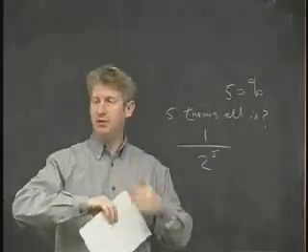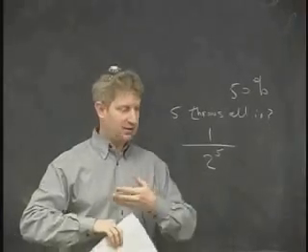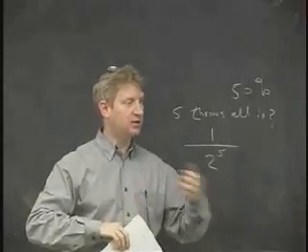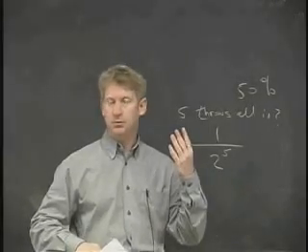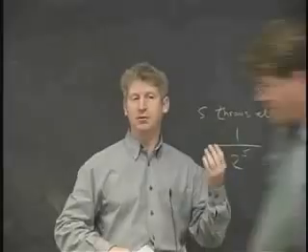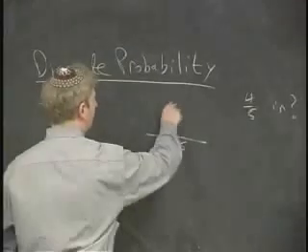If I have a sequence of 5 and I want 4 of them to be hits, I got 5 spots, and think of the hits as ones. I want to know how many ways there are to choose 1 miss or to choose 4 hits. 5 choose 4, or 5 choose 1. So I'll put 5 choose 1 here.